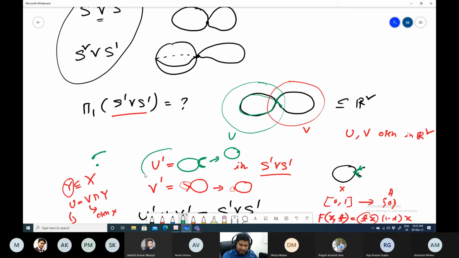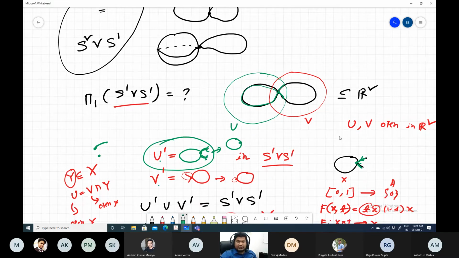We call that U'. That means U' is open in S1 cross S1, so those boundary points will not be there. And similarly V'. Now by the construction you can see that U' union V' will be your whole topological space.